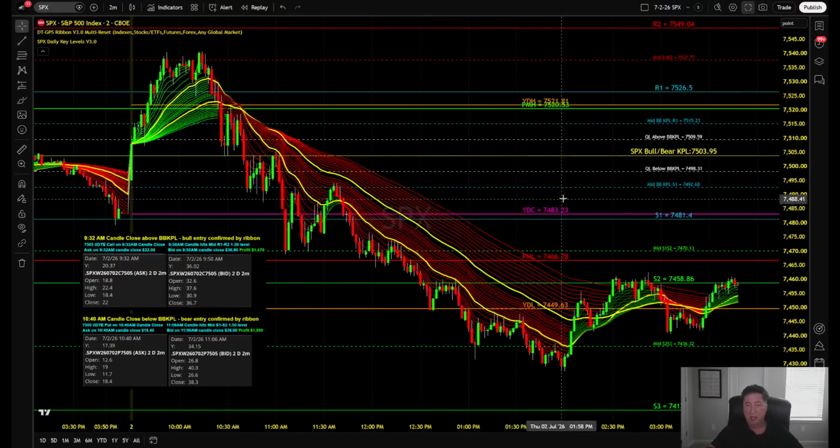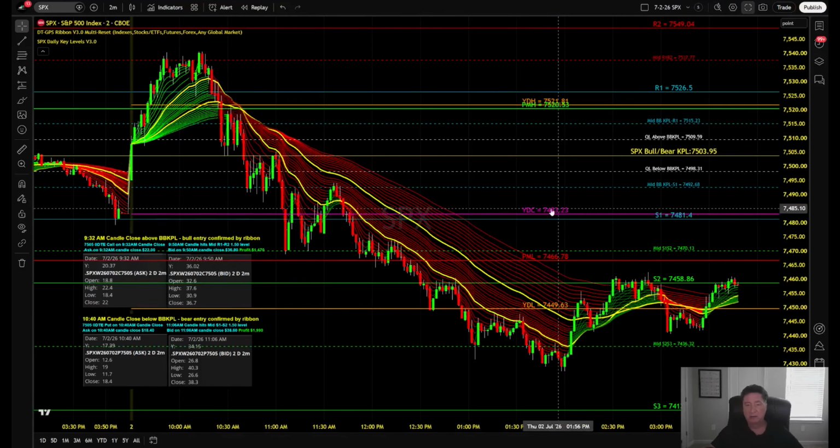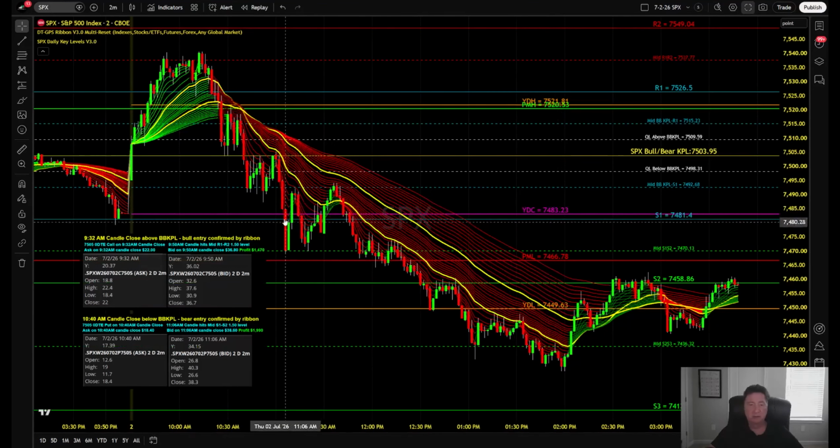We have a microscalp opportunity here with the YDC level. As you can see here on this 11:06 a.m. candle, it takes out the YDC level, the regular scalp level, which would be S1. That's the one level move away on this particular bearish trade off the bull bear KPL. And it also takes out the 1.5 level move on the regular trade, mid S1, S2, all in this candle.